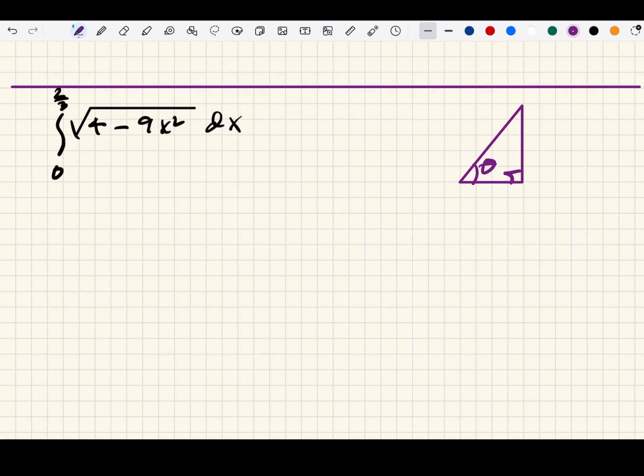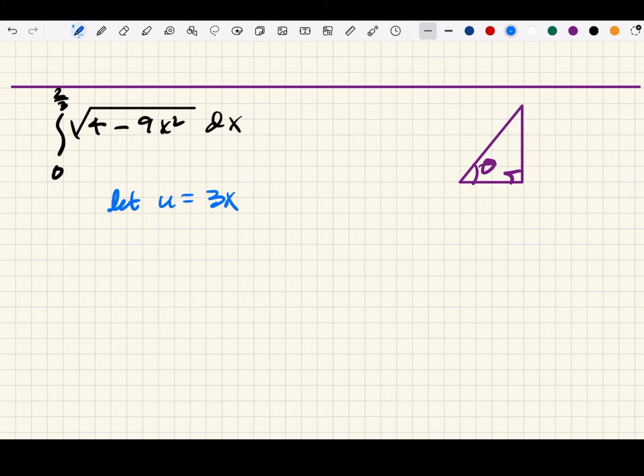I think we have a bit of a situation here, don't we? We don't have a nice square minus just the x square. We have something else. So I think maybe what we need to do is think about making a substitution from the start. Let's let u be 3x.